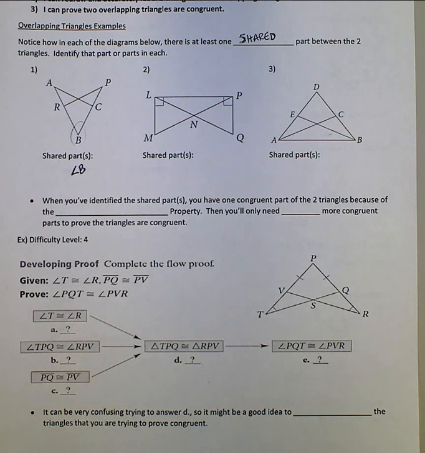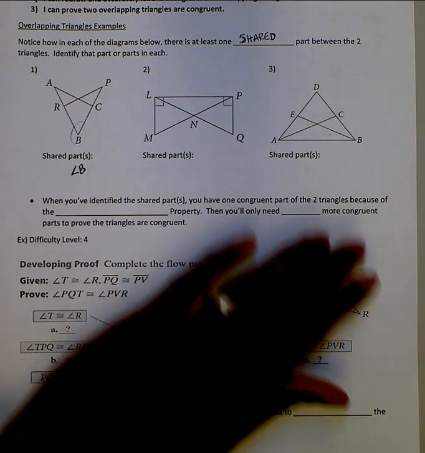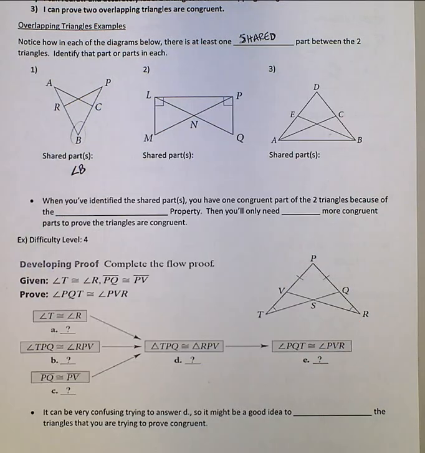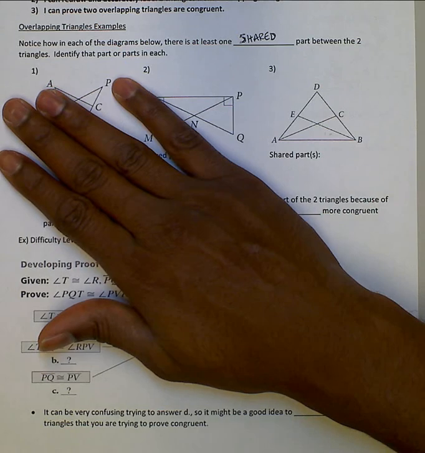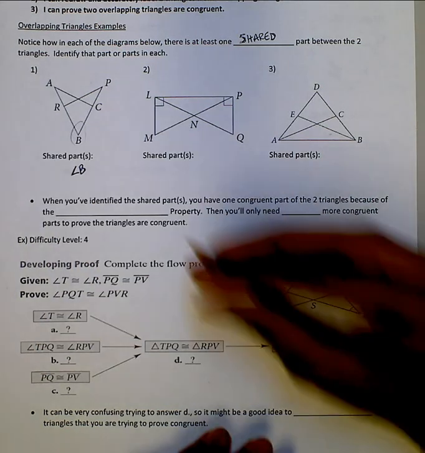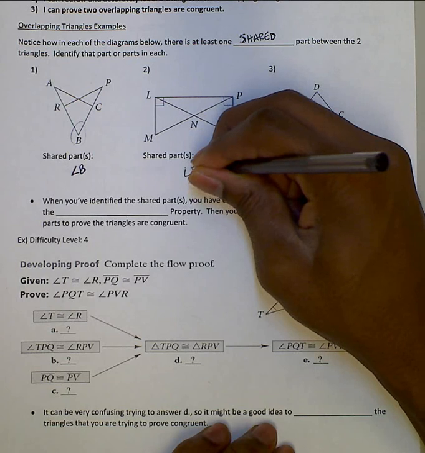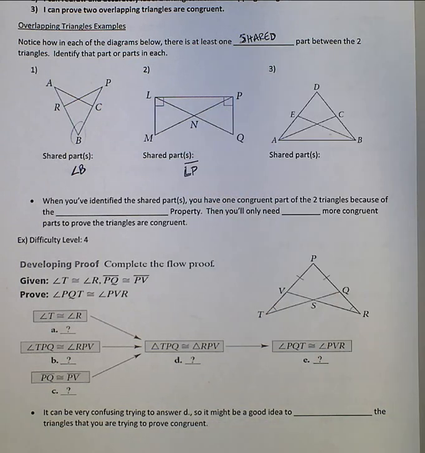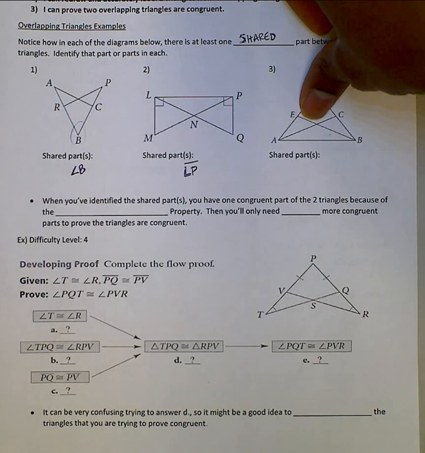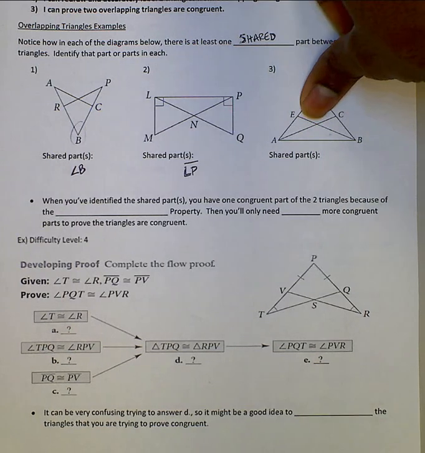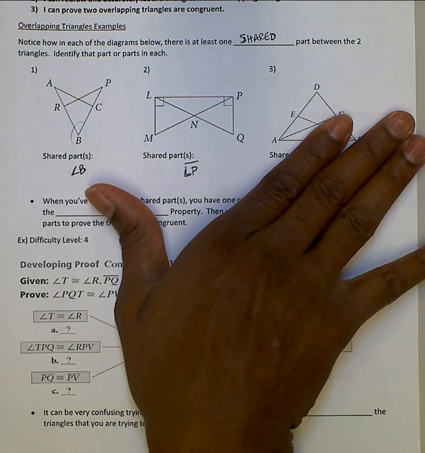In our second set of triangles, we look at the shared parts. We see that side LP doesn't change. LP is our shared part. And the third set of triangles, depending on what you're looking at, we could be looking at these two triangles down here, or we could be looking at these two triangles here.